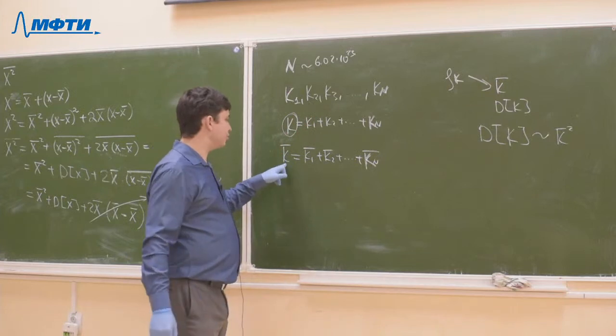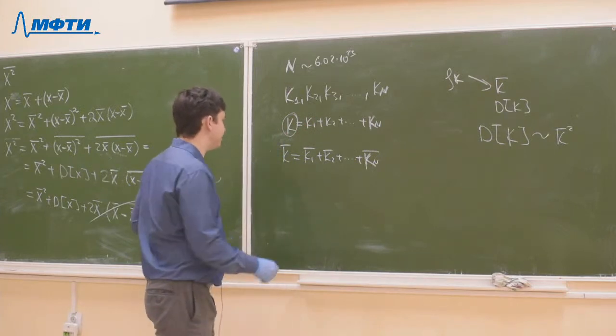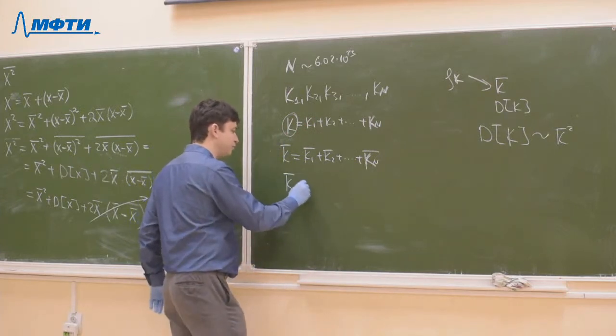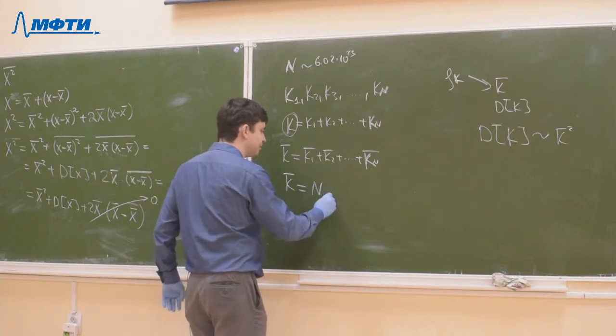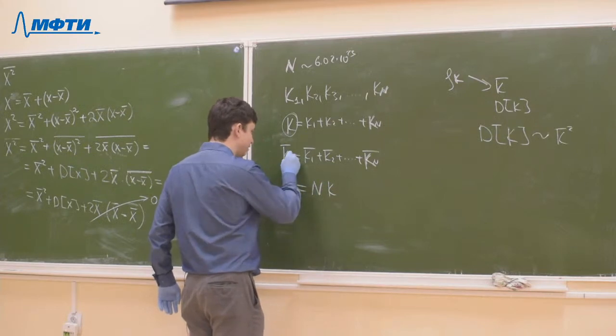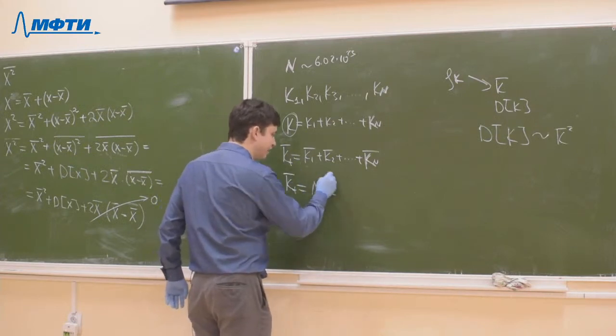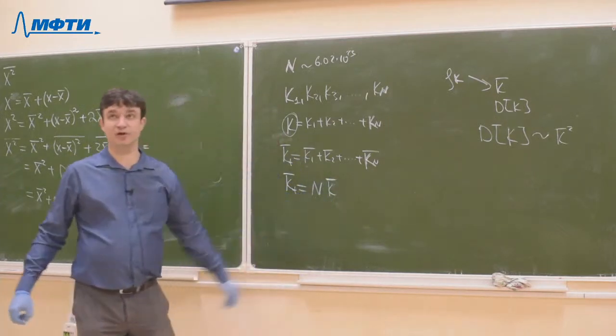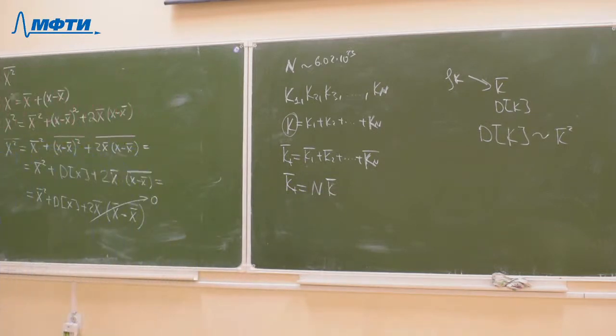Okay, the average value of total kinetic energy can be given as the multiplication of N by kT, the average kinetic energy of one molecule.